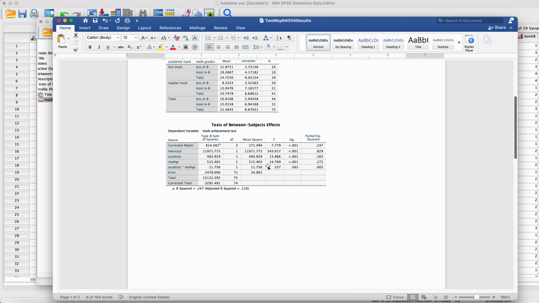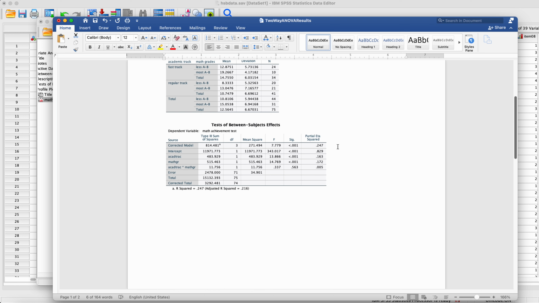So if I look at math grades, I have an F value of 14.769. It is significant, and I have an effect size, a partial eta squared, of 0.172. And so if I want to know if 0.172 is a medium, a large, a small effect size, I'm going to have to follow what the textbook says with the math piece.